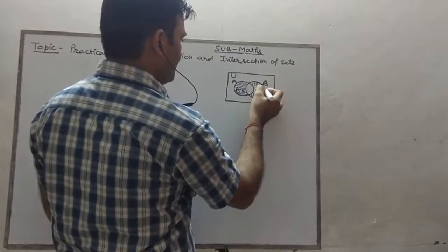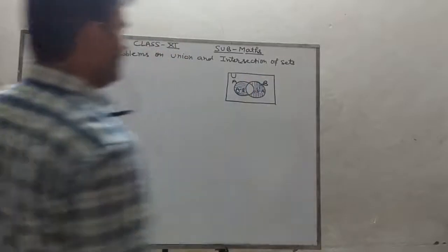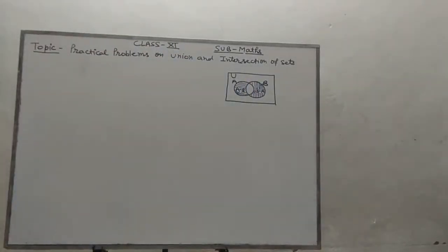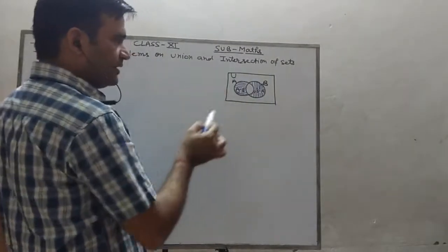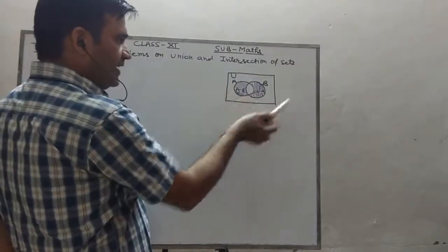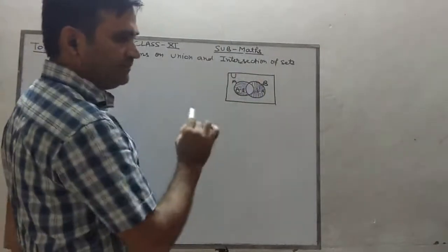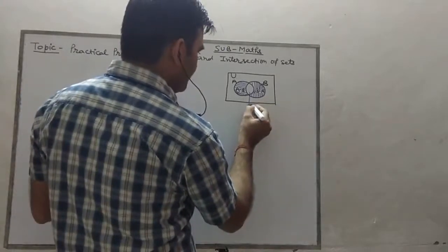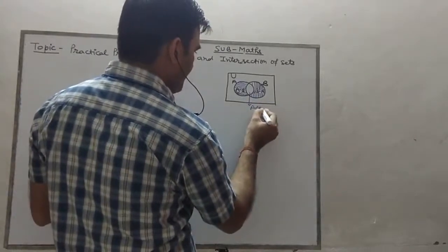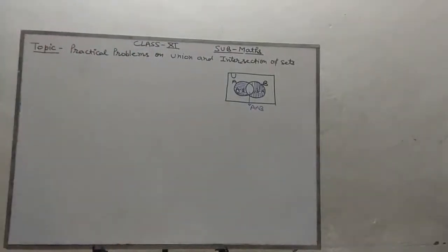So let us first understand the meaning of A minus B and B minus A. As you are seeing, A minus B is made by deleting A intersection B from A, as this is A intersection B. So this is called the difference of sets.